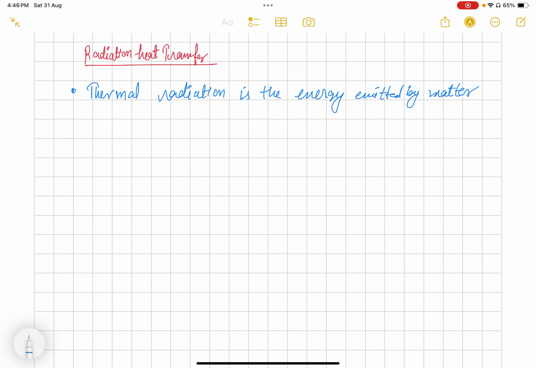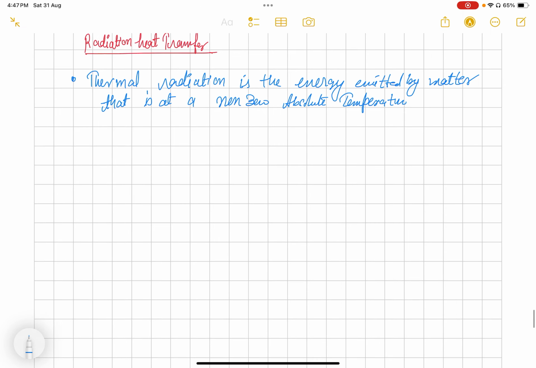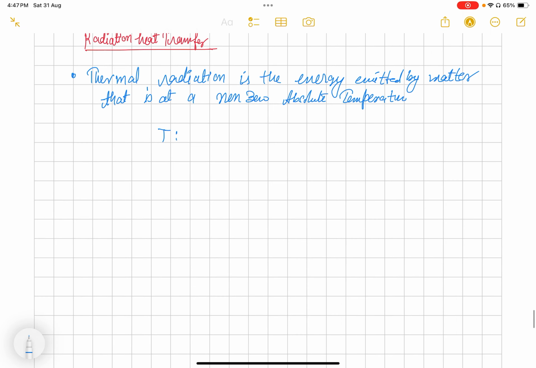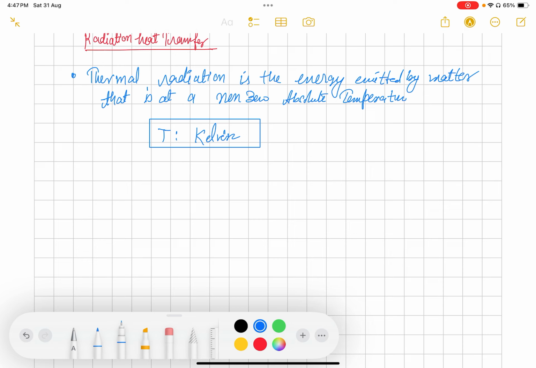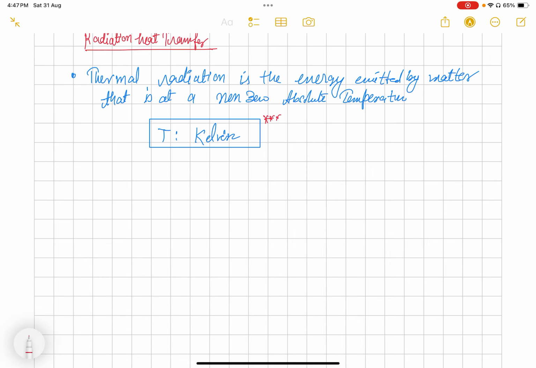So any matter which is above absolute zero temperature will emit radiations, that is, at a non-zero absolute temperature. While talking about radiation, always keep in mind that the unit of temperature we have to use is always Kelvin. Always Kelvin. So mark this point.